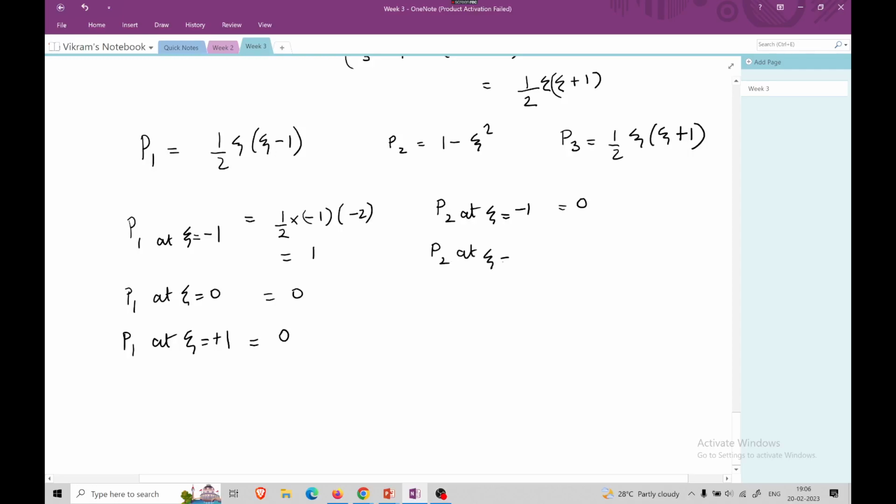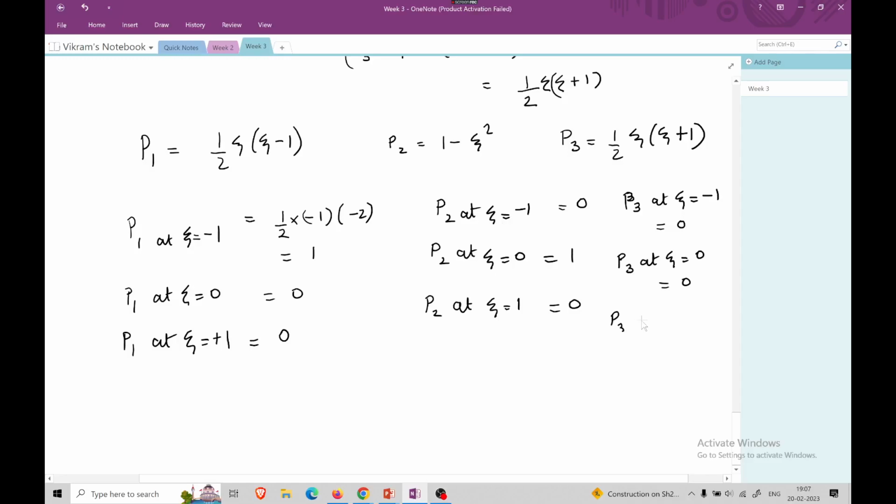P2 at eta equal to 0 will be 1. P2 at eta equal to 1 will be 0. So you have to substitute. Similarly P3 at eta equal to minus 1: minus 1 plus 1 is 0, so this will be 0. P3 at eta equal to 0 is again 0.